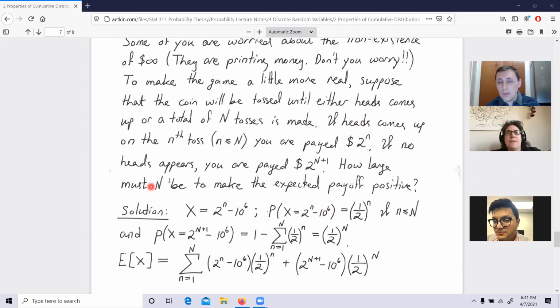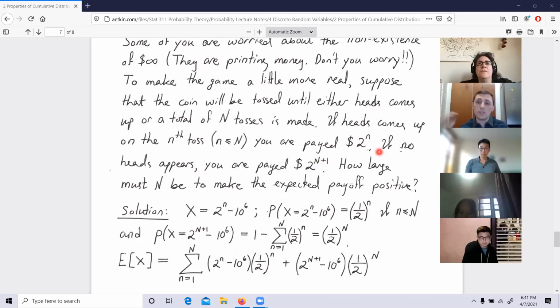But if the coin lands on heads for the first time after this N, you simply get 2 to the power of capital N plus 1 and no more. You understand? So that's a cap. If the cap is at 100 and the coin lands on heads on the 107th time, you just get 2 to the power of 101 and no more. You understand?